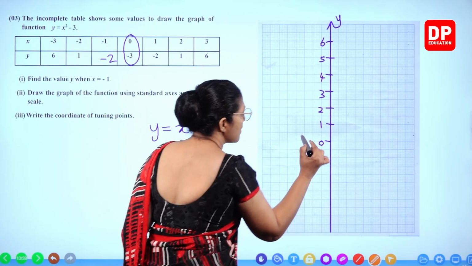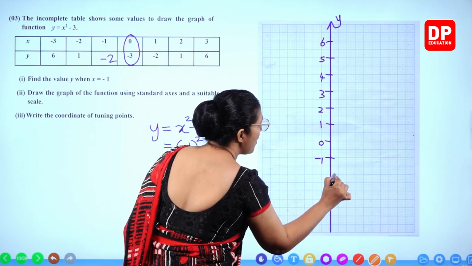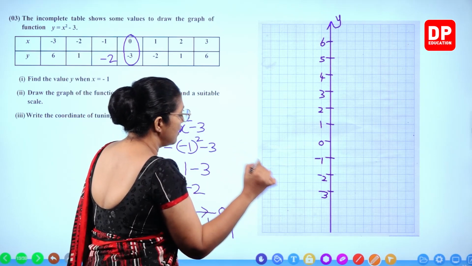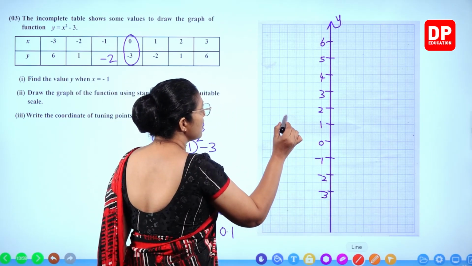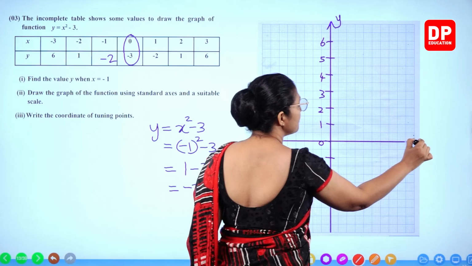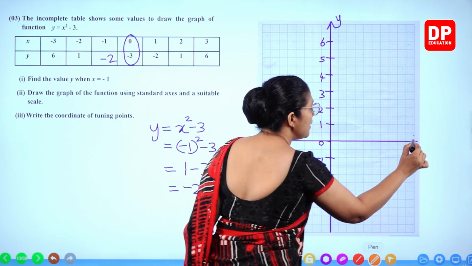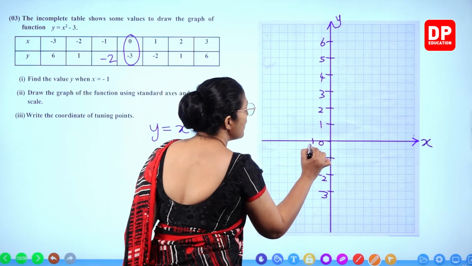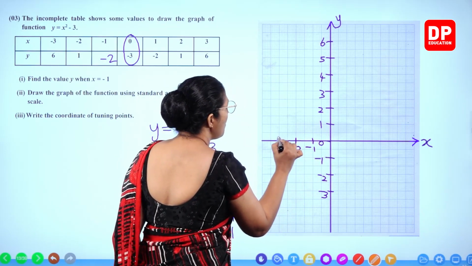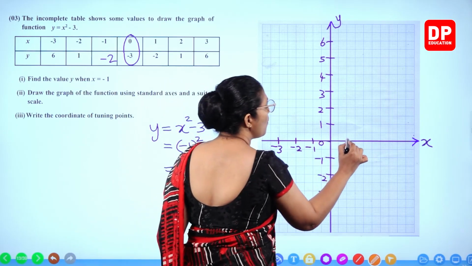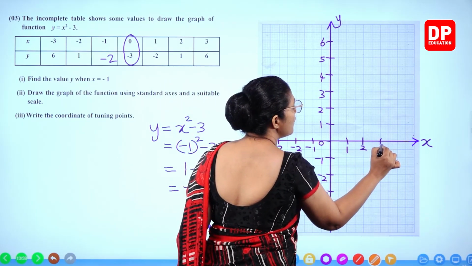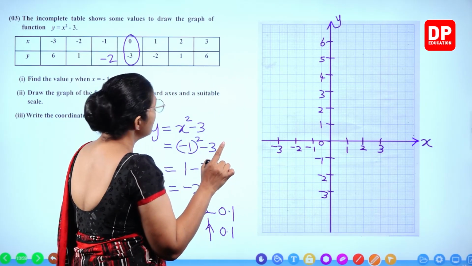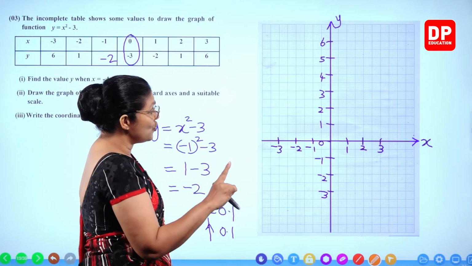That's the x-axis. Minus 1, minus 2 and minus 3. Now you can draw the x-axis. And now label x-axis starting from minus 3. So this way minus 1, minus 2, minus 3. This way 1, 2, 3. So 3 to minus 3. So you get 1 mark for adjusting the scale.